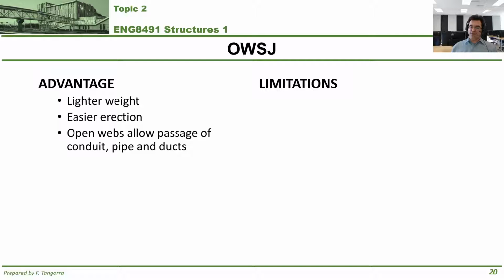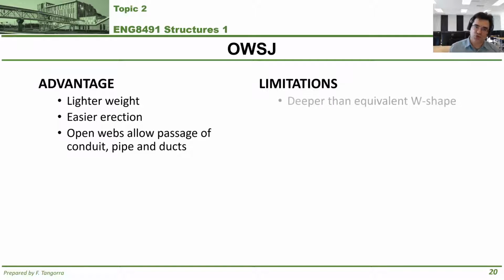They're way easier then, as a result, to lift, put into place, and fasten where they need to go, okay? Also, these openings in the web allow for the passage of pipes, electrical conduits, air ducting, and so on through the open web steel joist so that your ceiling cavity might be smaller.